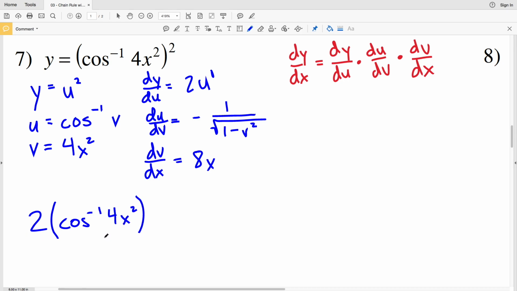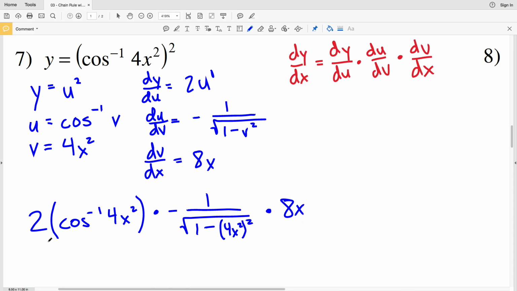That is the derivative of y with respect to u. So that will get multiplied by the derivative of u with respect to v, which is negative 1 over the square root of 1 minus v squared. But v, we know, is 4x squared. So that's 1 minus 4x squared, squared, and then that will get multiplied by the derivative of v with respect to x, which is 8x.